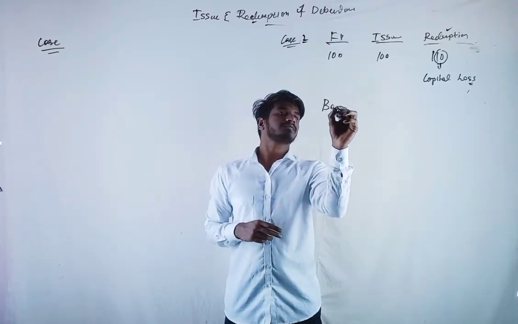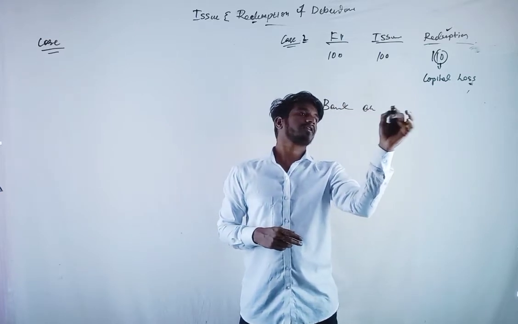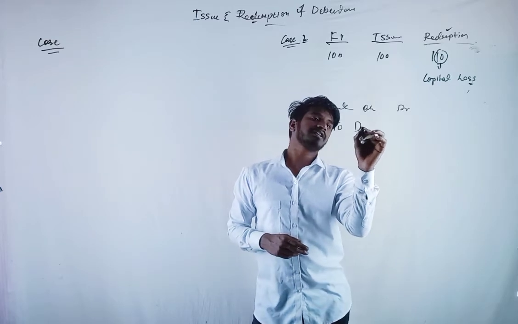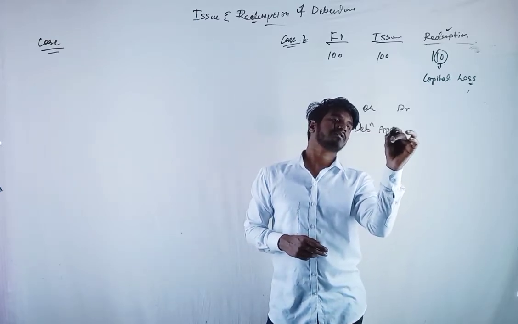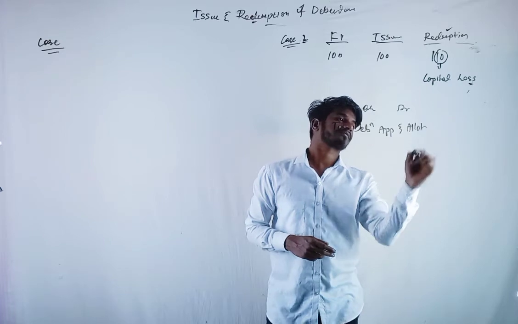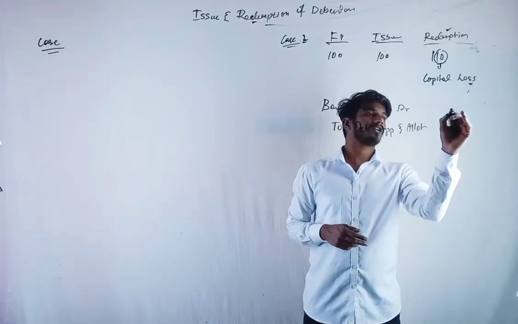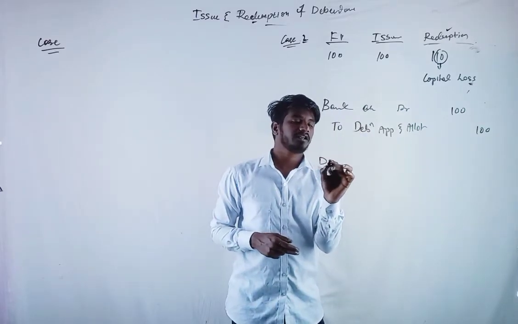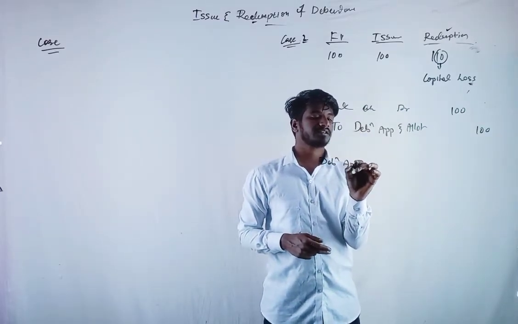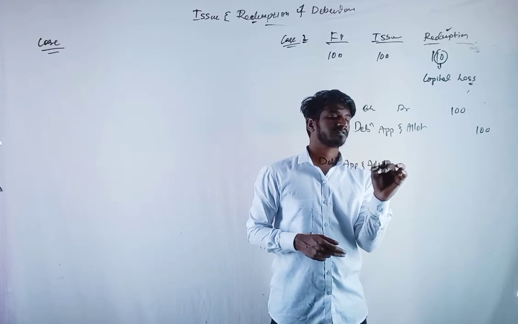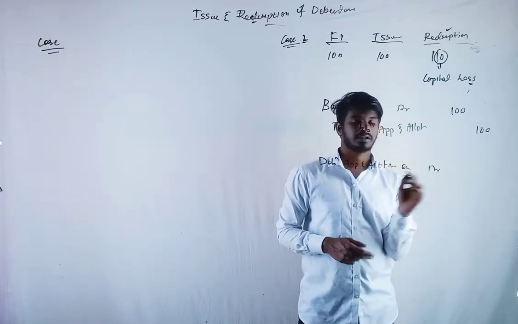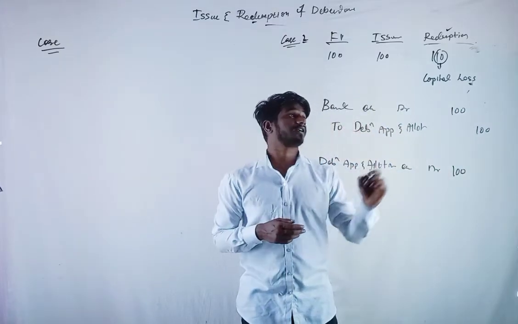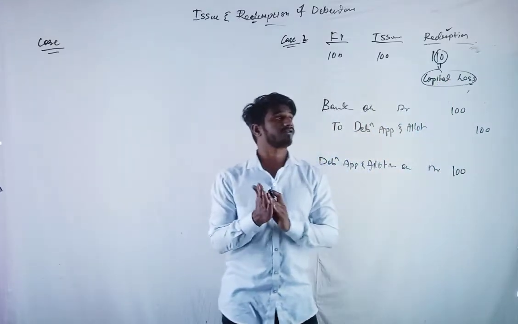Bank account debit to debenture application and allotment. Application and allotment we have issued for 100, right? Then debenture application and allotment account debit, it is 100, and we have a capital loss of rupees 10.